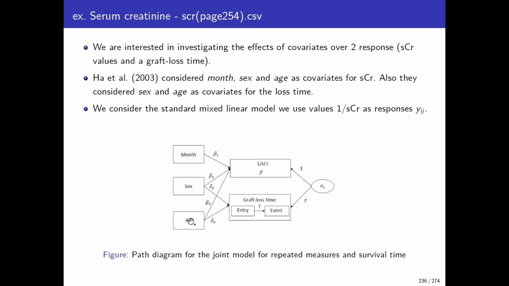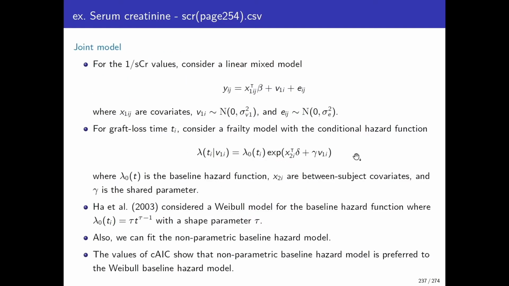Besides, this diagram represents the path diagram for the joint model for repeated measures and survival time. Focus on the joint model. For the 1 per SCR values, consider a linear mixed model given by these equations. We have Y_ij as a linear mixed model, where the x_ij are covariates. v_1i follows a normal distribution with mean 0 and variance sigma_v1 square, and e_ij follows a normal distribution with mean 0 and variance sigma_e square.